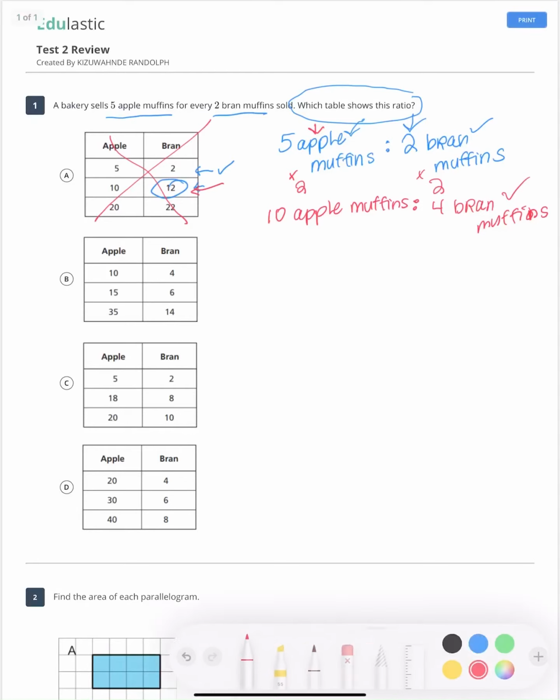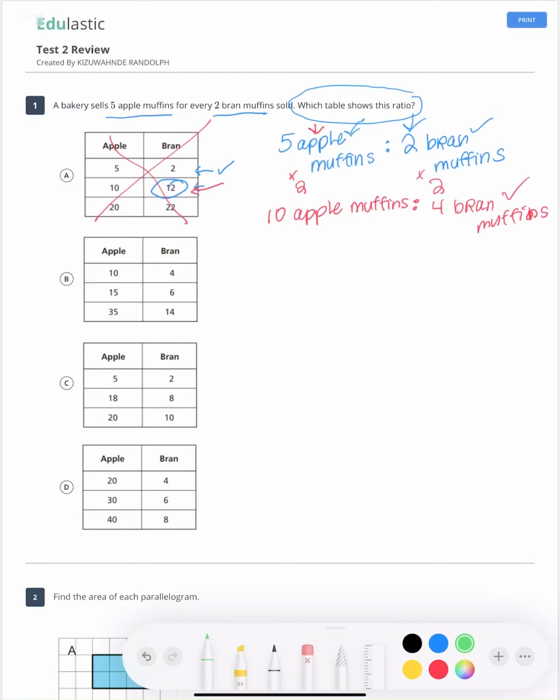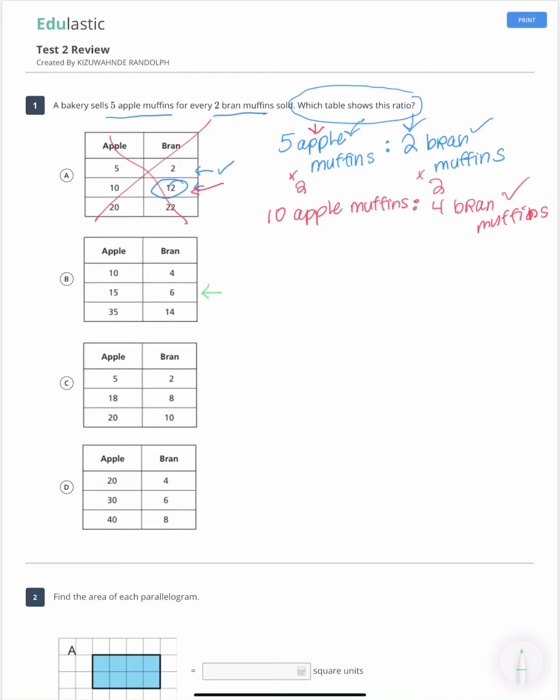Let's look at the next row, and for the next row, I'm going to use green. Okay, so I see that it's 15 to 6. So this means that whenever there's 15 apple muffins, there are 6 bran muffins. Okay?